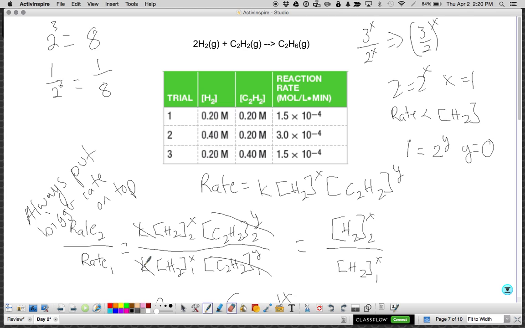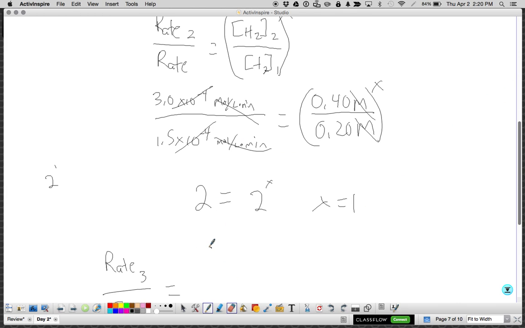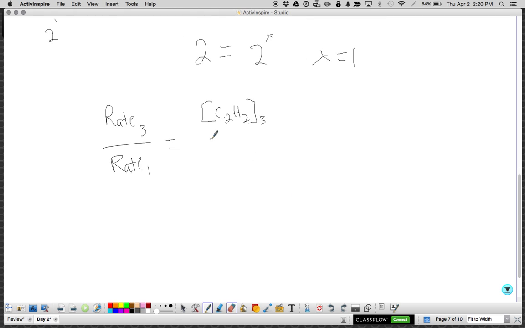The k's cancel out, and between 3 and 1, this time the H2s are going to cancel out. So all I'm going to end up with is concentration of C2H2 in 3 over concentration of C2H2 in 1, and this is all raised to the power of y.